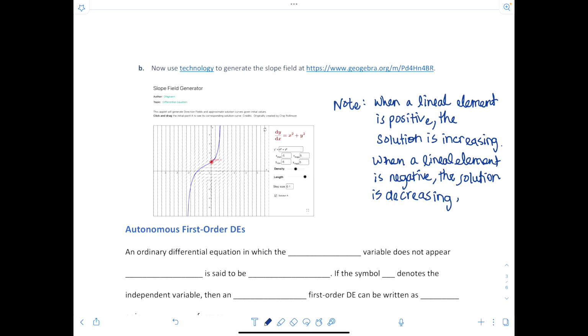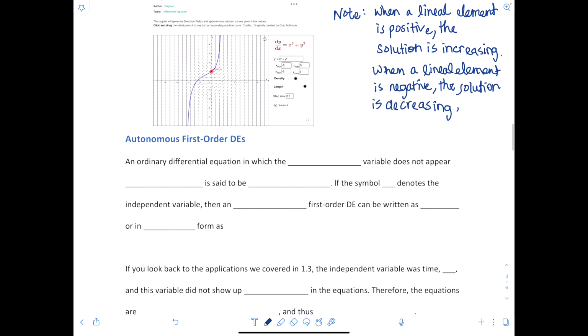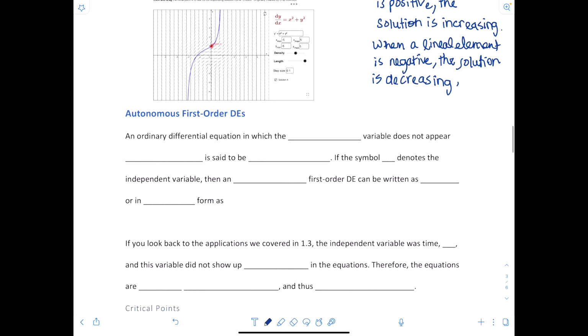Cool, cool. All right, so now let's look at autonomous first order differential equations. An ordinary differential equation in which the independent variable does not appear explicitly is said to be autonomous.